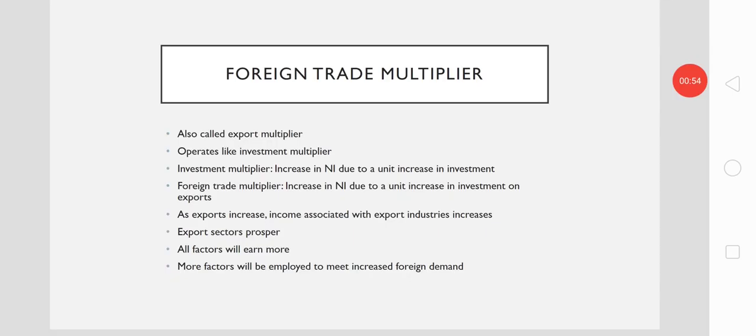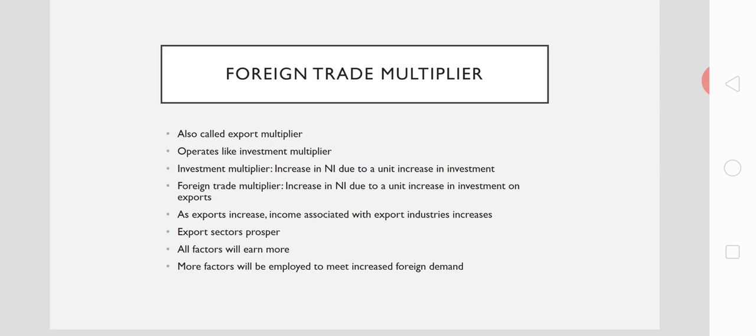In other words, it measures how a unit increase in investment on exports leads to an increase in national income. Whenever the investment on export industries increases, it will surely lead to an increase in national income.